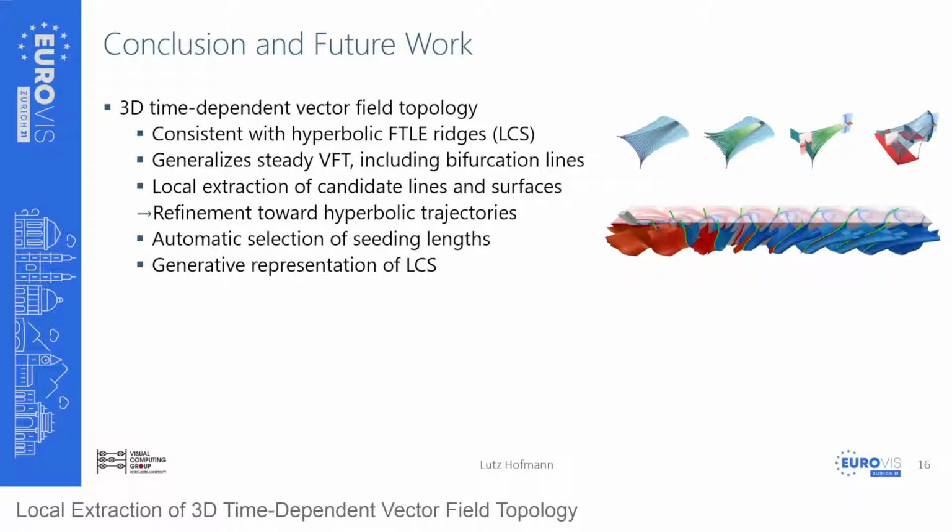Our approach is based on a local extraction of candidate lines and surfaces, which we refine toward hyperbolic trajectories and hyperbolic path surfaces. We have also presented an approach for the automatic selection of seeding lengths that are required for computing streak manifolds. With our approach, we obtain a generative representation of the LCS over the entire time interval.